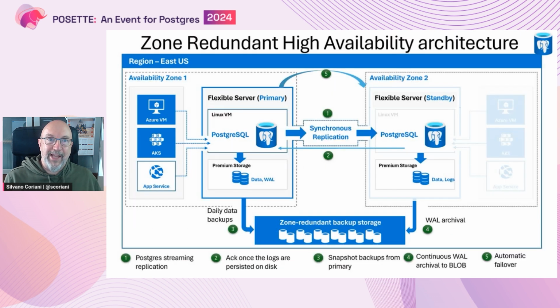So the next step would be to enable high availability on this primary instance that we have. This will automatically set up a standby server in the same zone or in a different zone. We are selecting a different zone here to rely on availability zones for full data center loss.